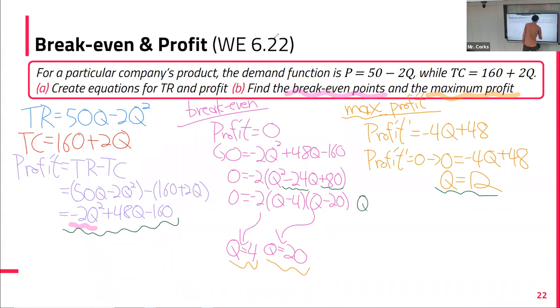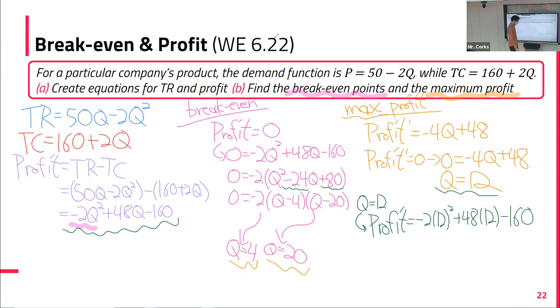So where Q equals 12, profit is equal to negative 2 times 12 squared plus 48 times 12 minus 160.